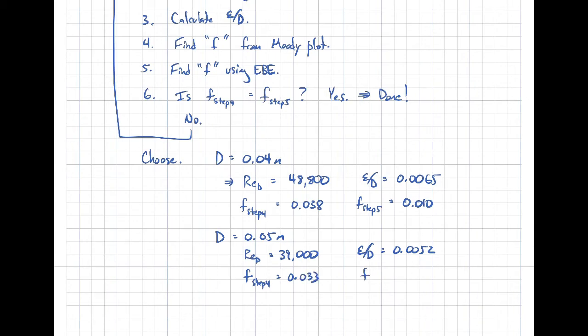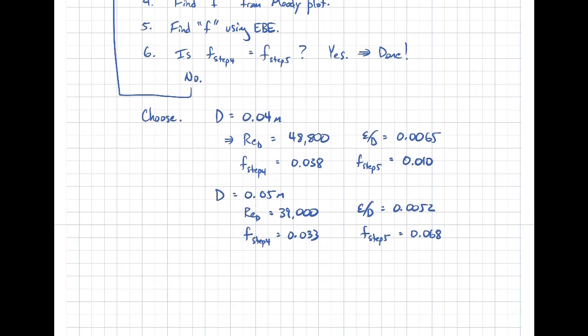And my friction factor using the extended Bernoulli equation, which is step 5, came out to be 0.068. Okay, so those two clearly don't match. In fact, they look like they're pretty far apart there. So let me try a new guess for my diameter. And this one I just chose to be in between those two values.